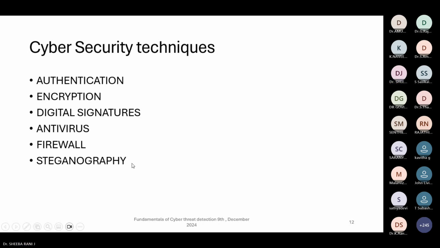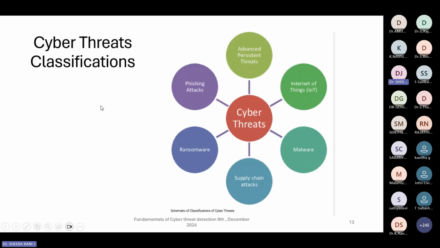Steganography is where we make a kind of marking and send the information. Now, we have seen cyber security terminologies, the need for why cyber crimes are happening, some terminologies, and the characteristics of intruders and hackers.